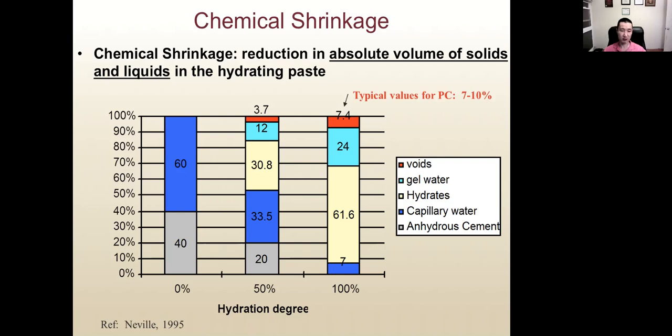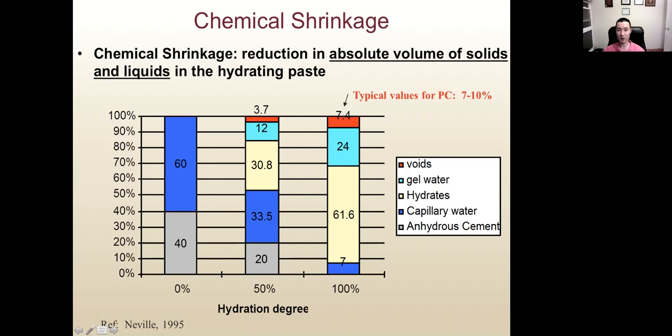As we can see from here, initially we have 60% water plus 40% unhydrated cement. After 50% degree of hydration, we have some unhydrated cement left, some water left, then the hydration product, some gel water, and some voids.